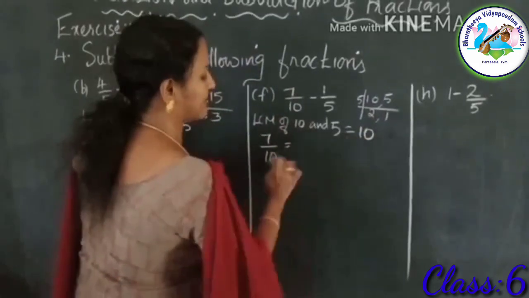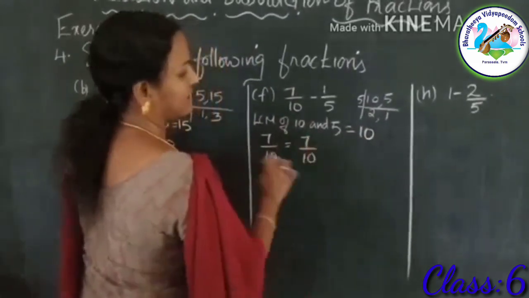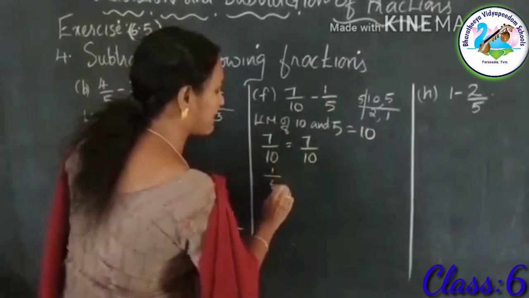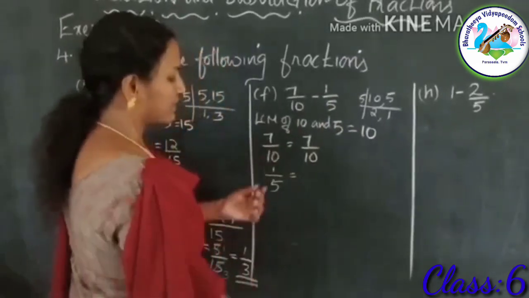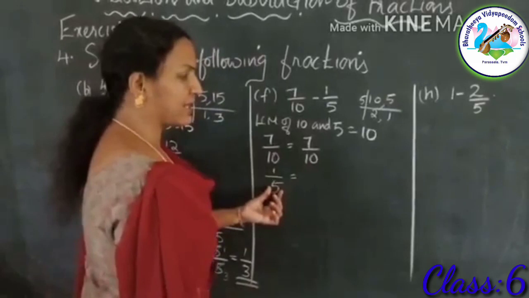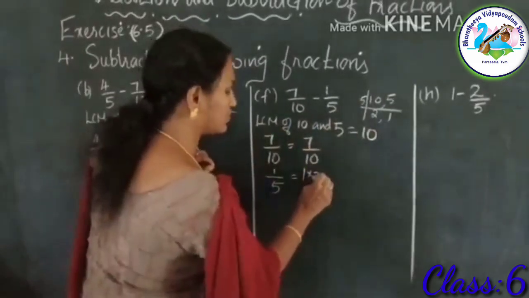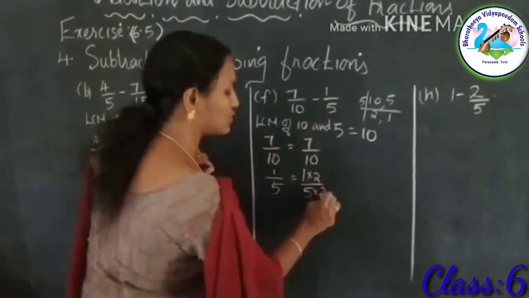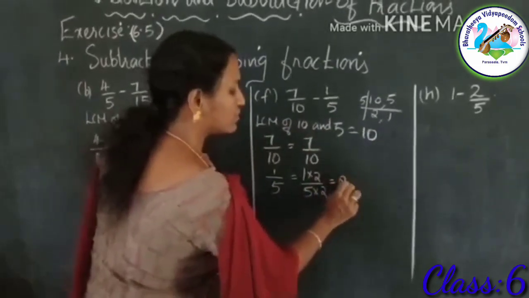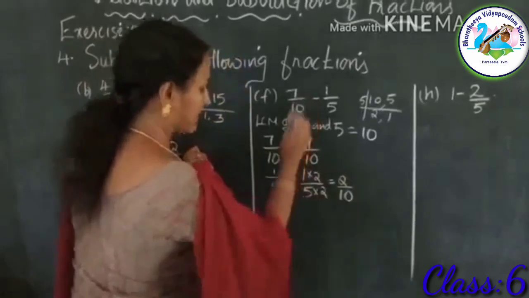The denominators are same, so 7 by 10. Second fraction 1 by 5, here the denominator is 5. So multiply 5 with 2, we get 10. So 1 into 2 divided by 5 into 2 is equal to 2 by 10.